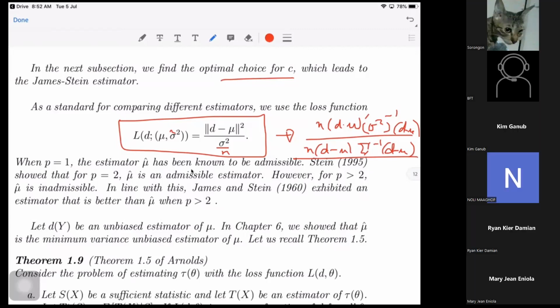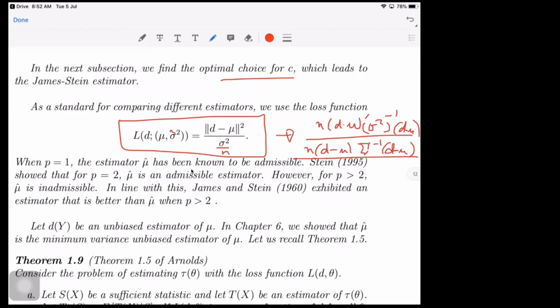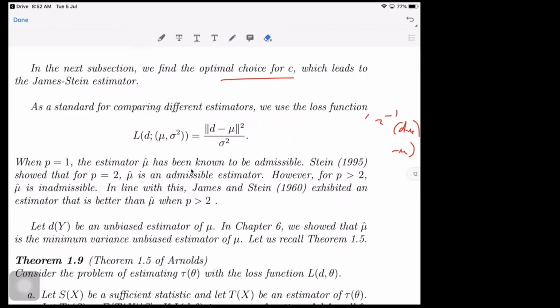So when P is equal to 1, the estimator mu hat has been known to be admissible. When P is just equal to 1, mu hat, which is the MLE, is admissible. When P is equal to 2, mu hat is still admissible.